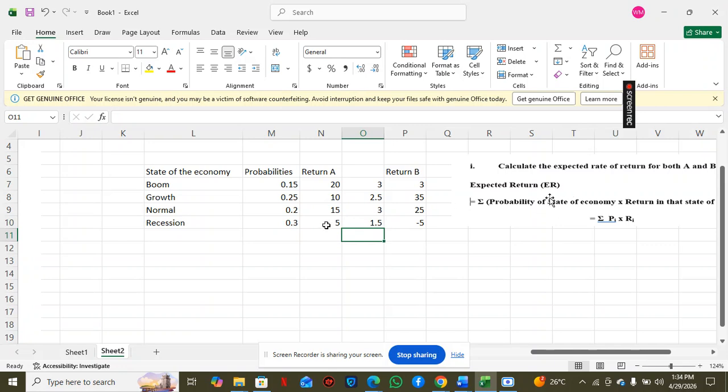That's what we're doing here, multiplying the probability with the individual return.